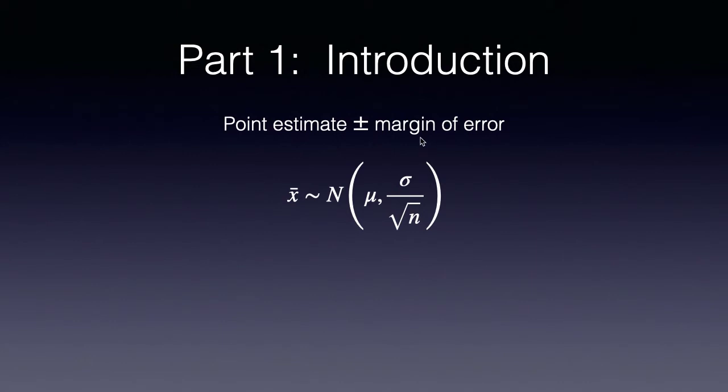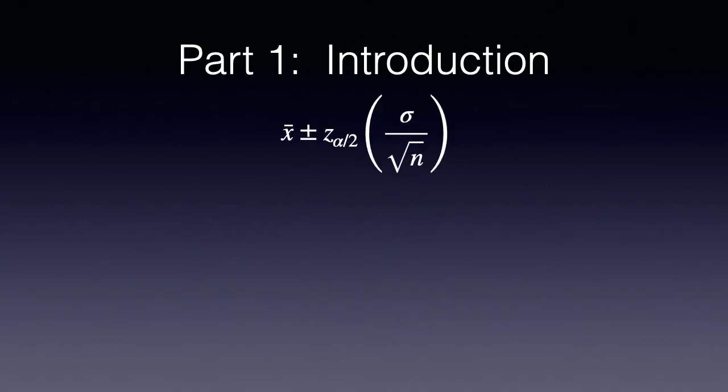Recall that the margin of error involves sigma over root n, which is the standard deviation of the point estimate, and the z-score tells us the number of standard deviations for X bar, how far away we have to go to the left and to the right of our point estimate.